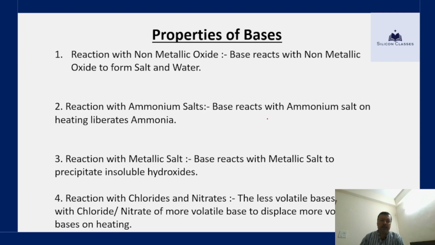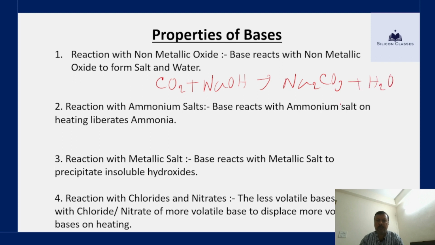Now we come to the properties of bases. Base reacts with non-metallic oxide to form salt and water. For example, the non-metallic oxide is CO2, carbon dioxide, which reacts with NaOH to form Na2CO3 plus H2O. When a base reacts with an ammonium salt, on heating, it will liberate ammonia.